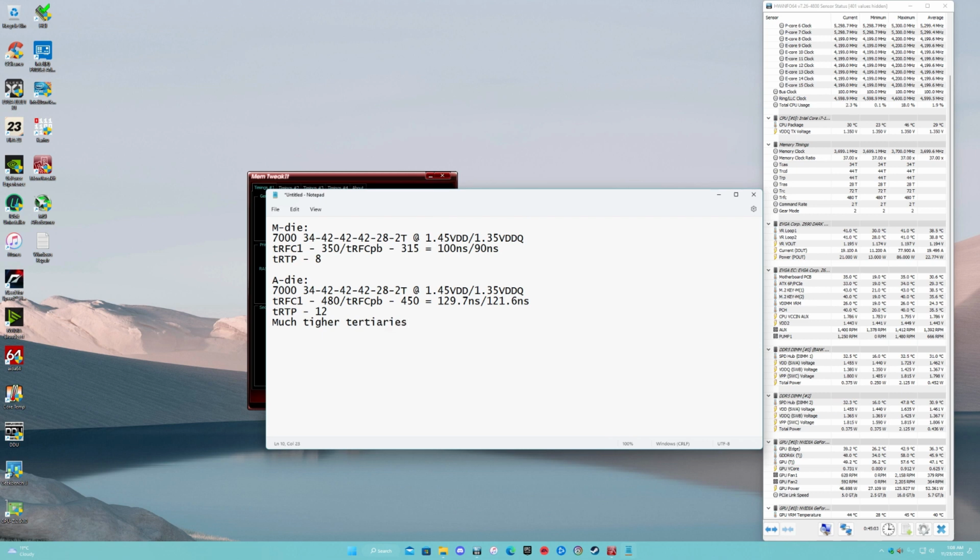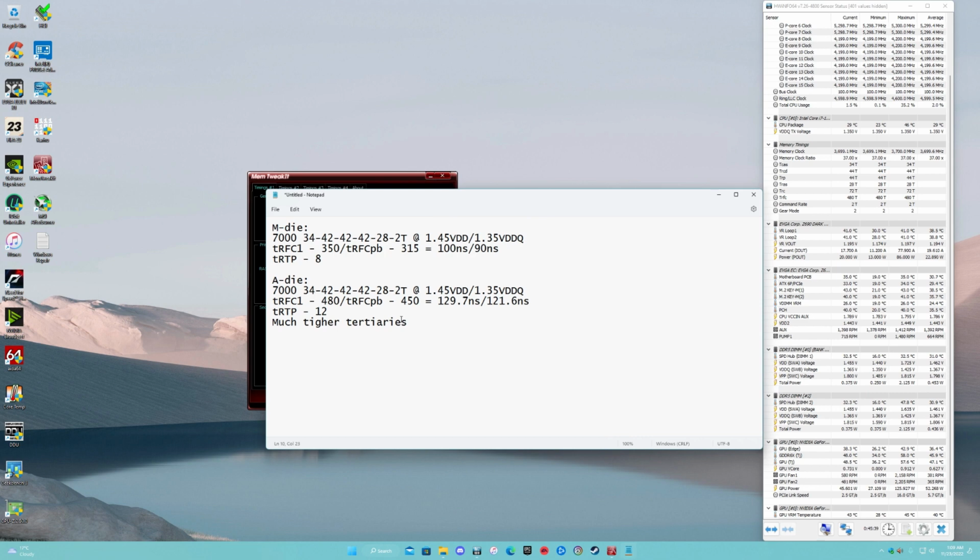And the simple reason is just because ADI requires, I guess you could say, less voltage supply to scale, and tertiaries are like precursor timings, so they come before the timing. To have good tertiaries, you need tighter tolerances for access latency, like a more responsive IC. You just need better scaling, I guess you could say.